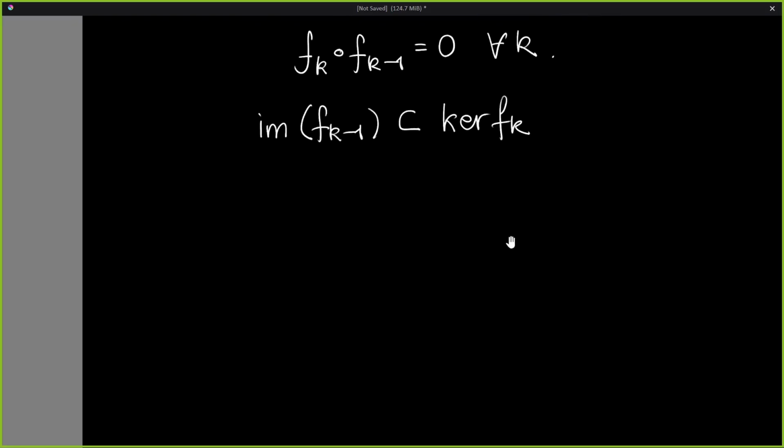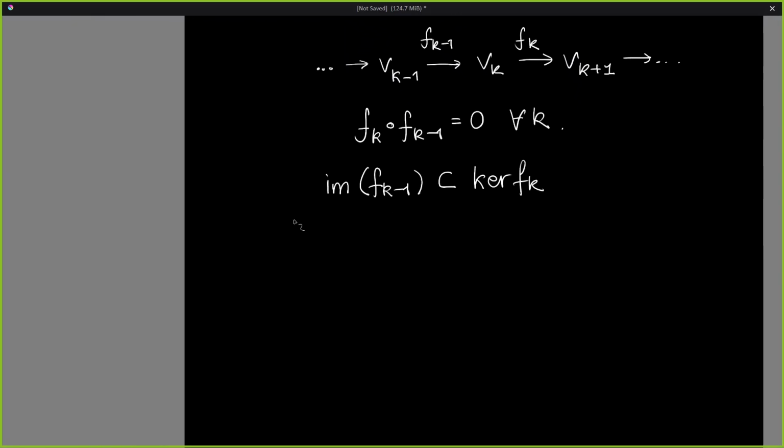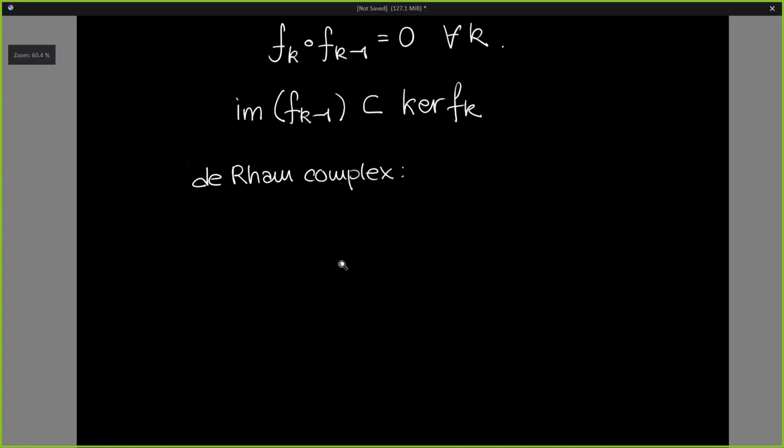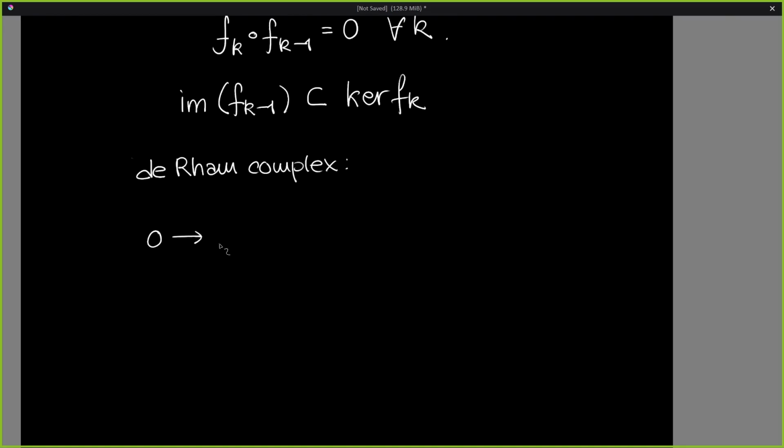The chain complex that we care about is called the de Rham complex, and the de Rham complex talks about this chain. I'll explain what all of these symbols mean in a little bit.